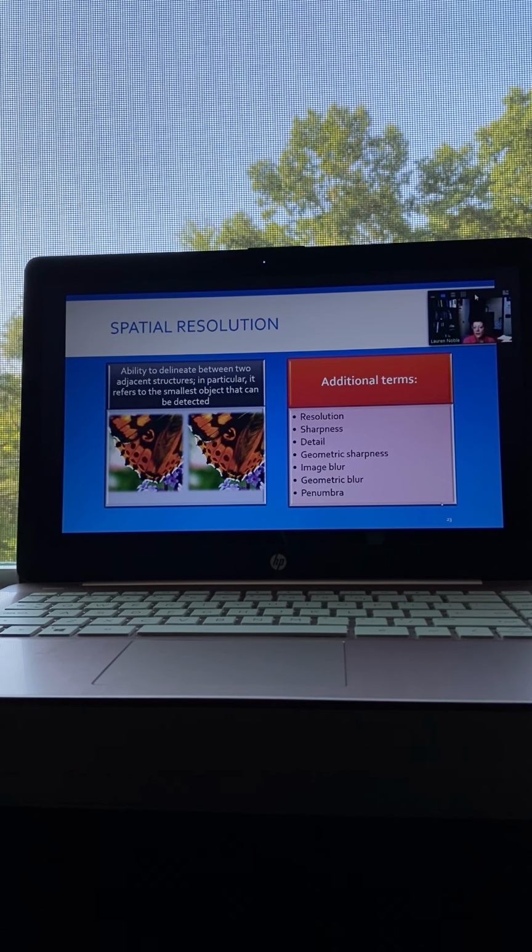Right. So, what was the first image quality factor we talked about yesterday? And we finished it. What was the first image quality factor? Contrast. Okay. Contrast. What does contrast mean?